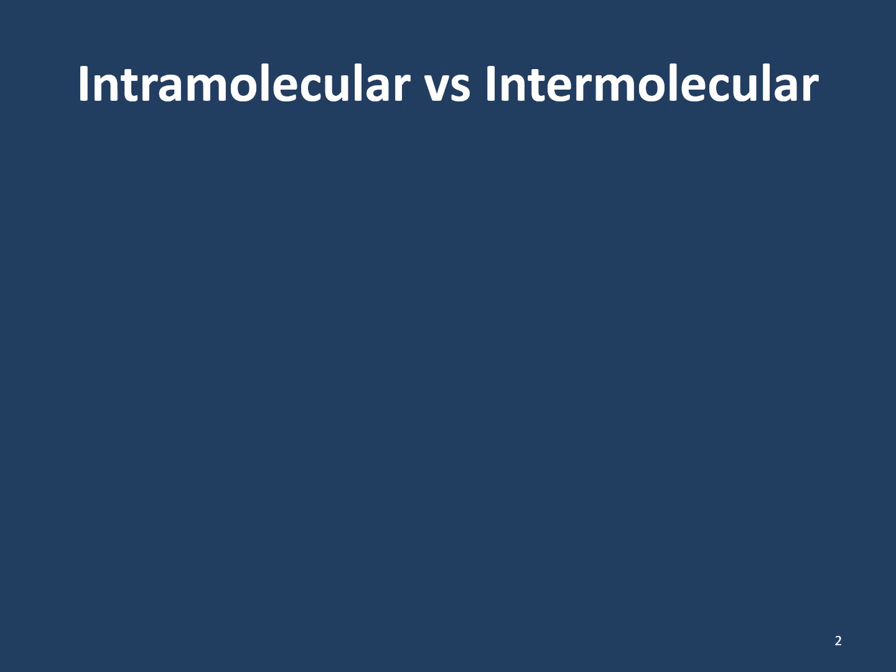The first thing we need to talk about before we talk about liquids is the difference between what is known as intramolecular and intermolecular forces. Now, intramolecular forces we've actually been learning quite a bit about in the last couple chapters. This is bonds. So intra means within, right?